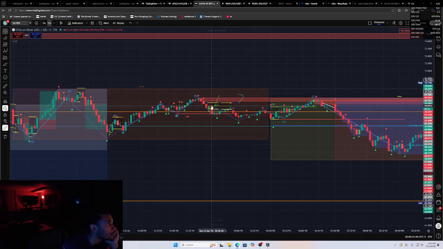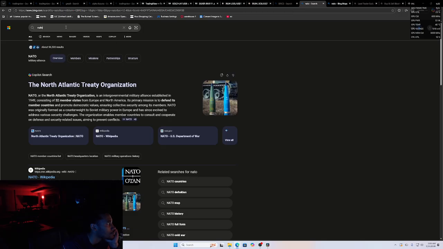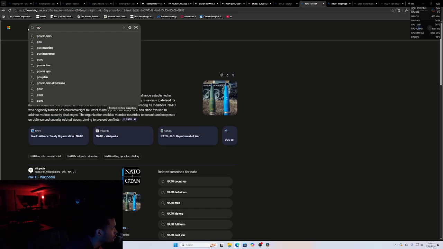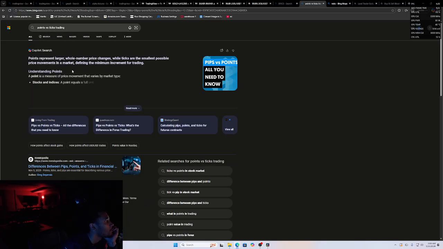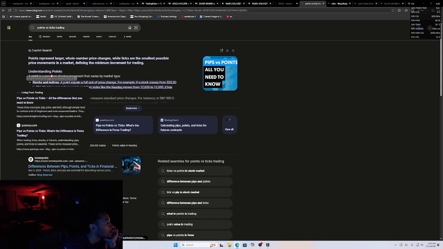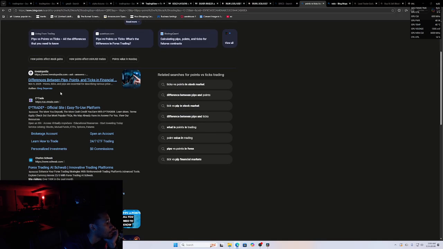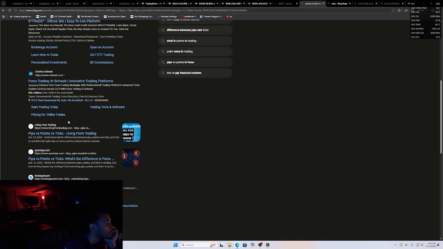What's the difference? Points represent larger whole number prices, while ticks are the smallest possible price movement. Stocks and blah blah blah. I want somebody to point and explain it.